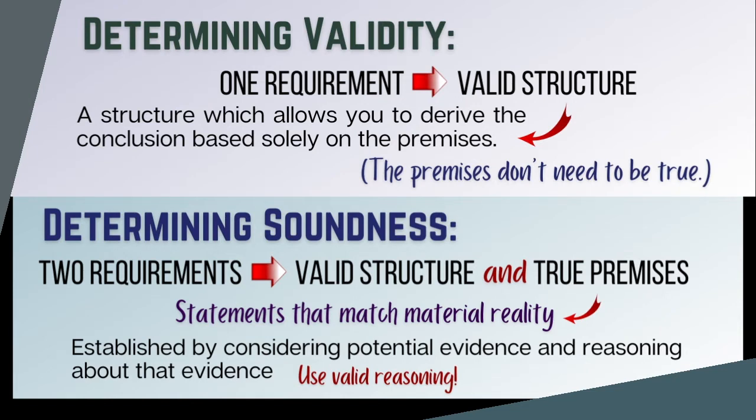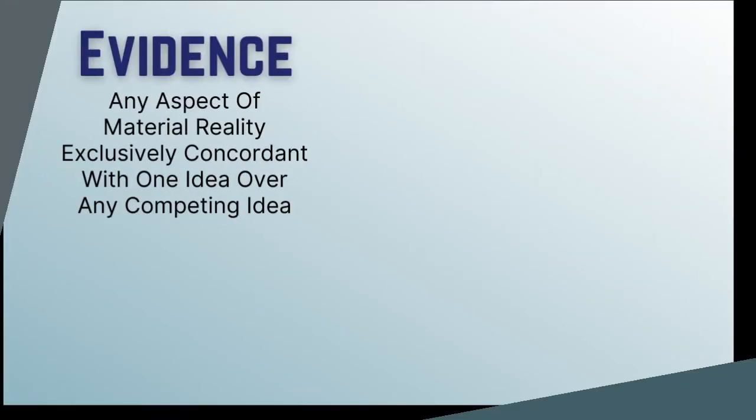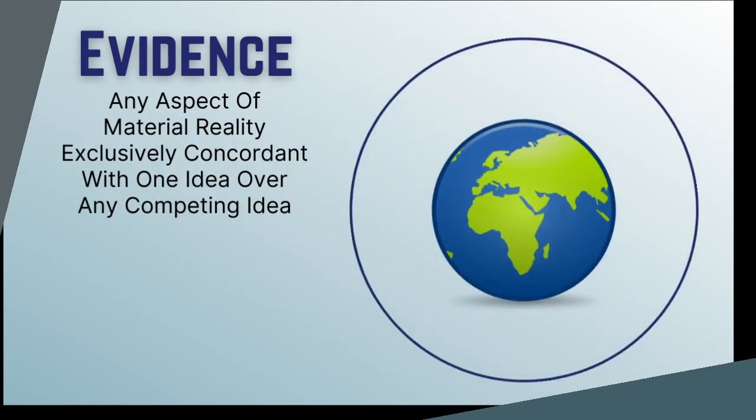And what is evidence? Evidence is any aspect of material reality that is exclusively concordant with a certain idea over any competing idea. Take, for example, the fact that wherever one might stand on the earth, the point of the sky directly overhead has the appearance of the top of a dome.